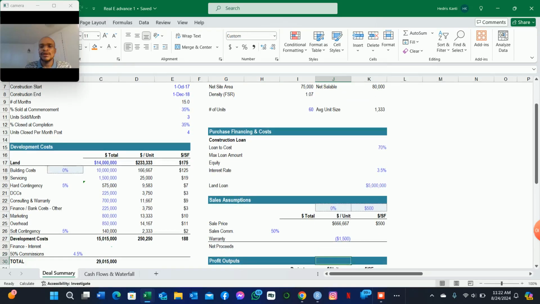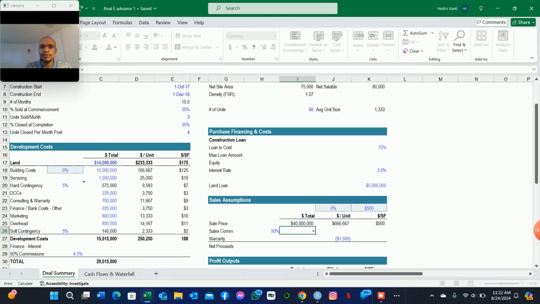So that will be the sales in this case. And then for the total sales, it's just going to be this number, and then we multiply it by the total number of units to get the total sales for 60 units in this case.